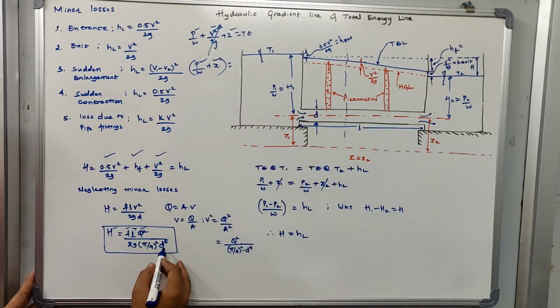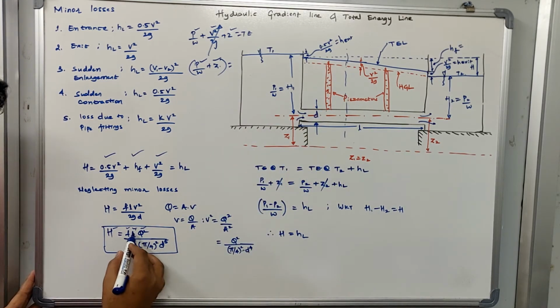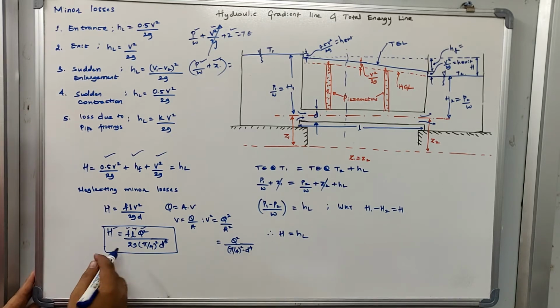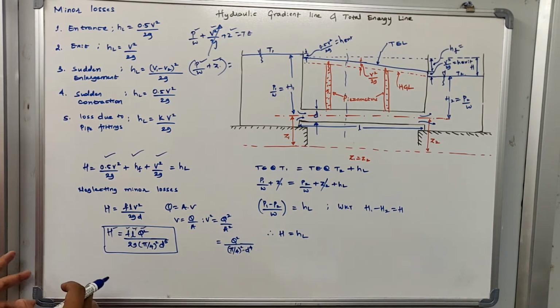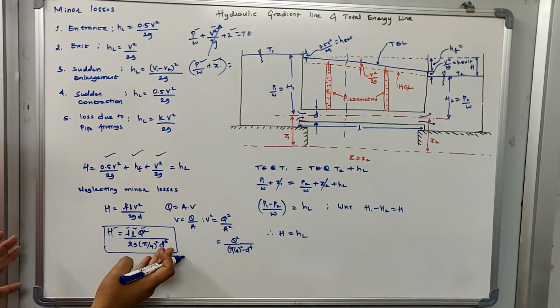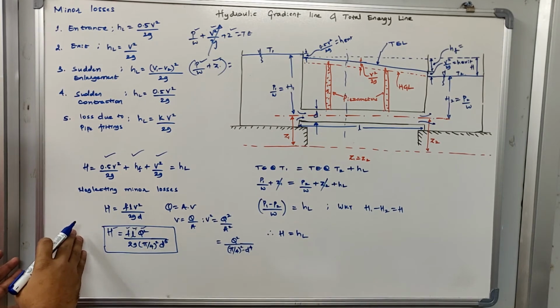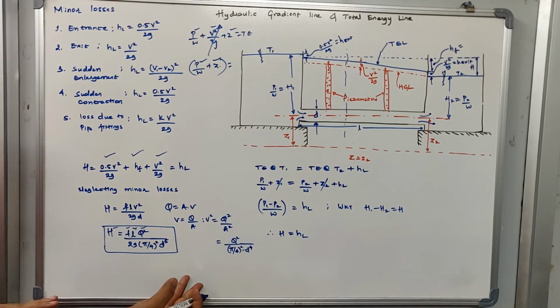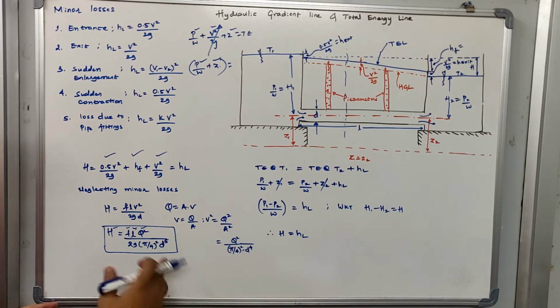So if you know the diameter, the discharge, the length and the frictional coefficient of the pipe, you can calculate the difference of water level that will exist. But if you want to know the diameter of the pipe required to connect these two tanks, we can send D to the other side and bring H to the right hand side, and by doing that we can calculate the diameter.